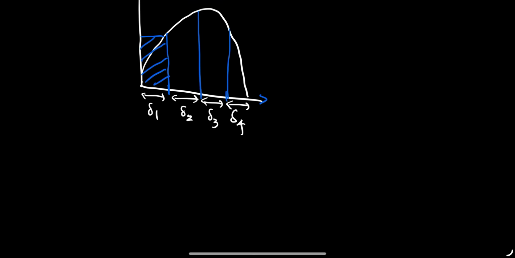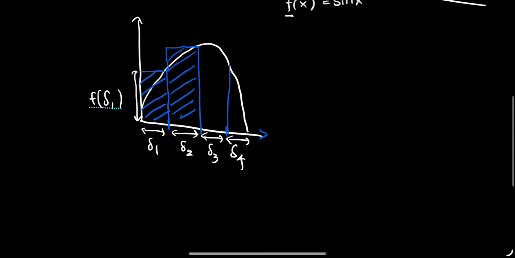Obviously, we must find the height, right? What is the height in this case? Well, it is just f of delta 1, right? Similarly, if I were to find the area of this rectangle, it is delta 2 times f of delta 2, right?